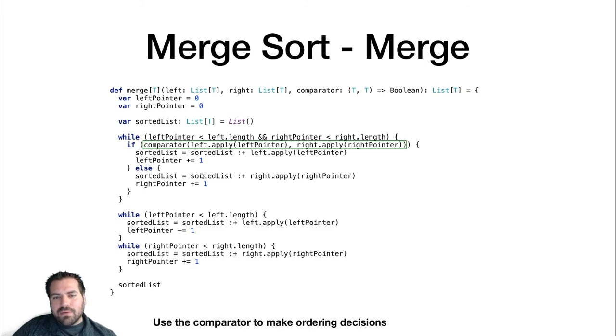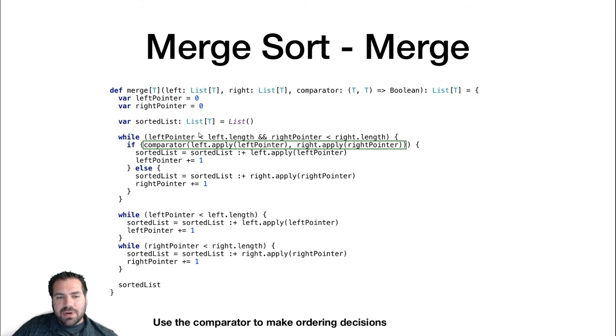If the right value comes before the left value, or there's a tie, we're not actually checking ties because we just don't care. We're going to let ties arbitrarily be broken by the right list. Then do the same thing over there: append the value that the right pointer is pointing at to the sorted list, and then advance that pointer.